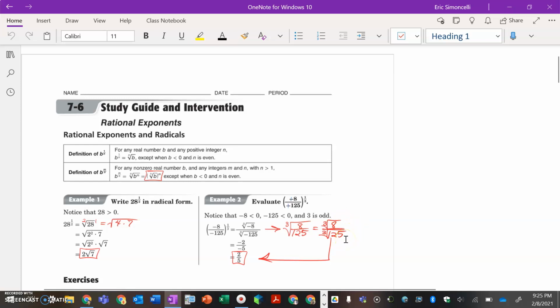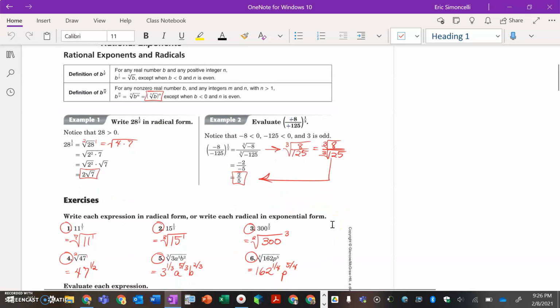And then you can go ahead and take the cube root of 8, which we know to be 2, and the cube root of 125, which ends up being 5, right? 5 to the 3rd power is 125, and 2 to the 3rd power is 8. By virtue of their approach using this particular sign and that particular sign, you get -2 over -5, which of course ends up being the same thing.